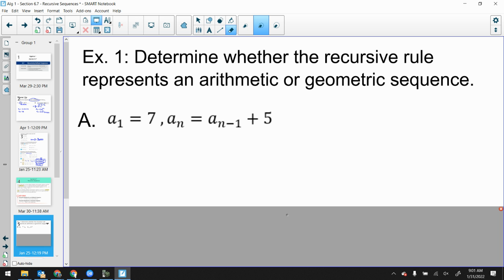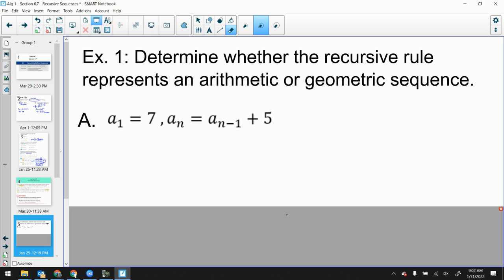Now, for recursive formulas, I always have to give you a sub 1. To build your equation, I always have to give you a sub 1, and then I'm going to give you a formula that has a plus or minus or a times. So let me ask you this. I'm only asking you whether these are arithmetic or geometric.